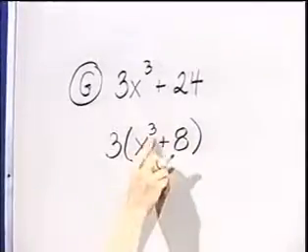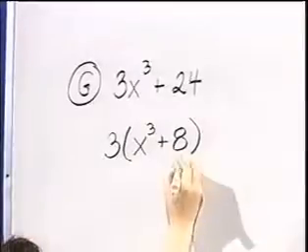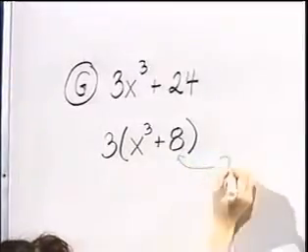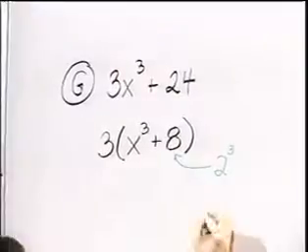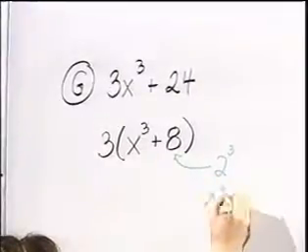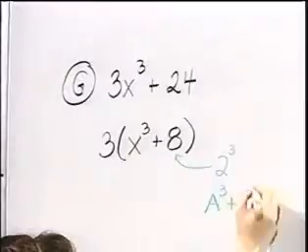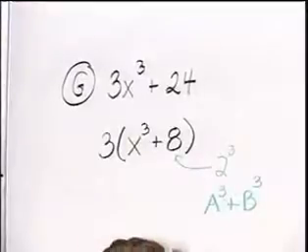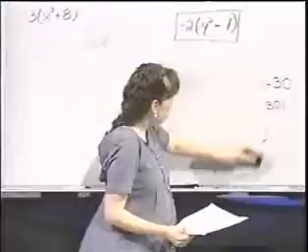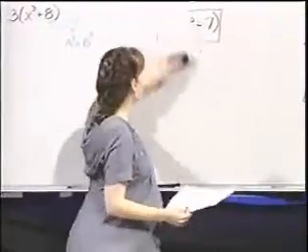In fact, x cubed and 8 is 2 cubed, right? In fact, this is a sum of cubes. It's a cubed plus b cubed. And we have a formula for that. And let me put it right beside here, just to remind ourselves this is one of the things that you want to have memorized.